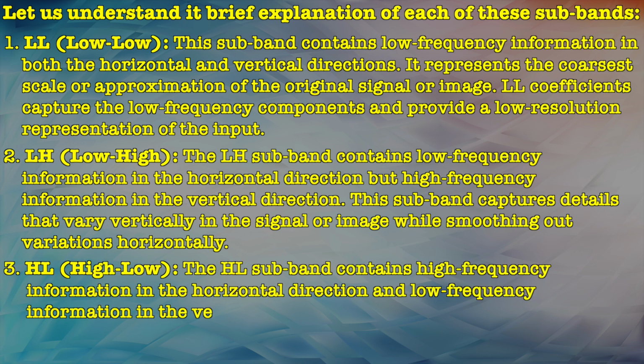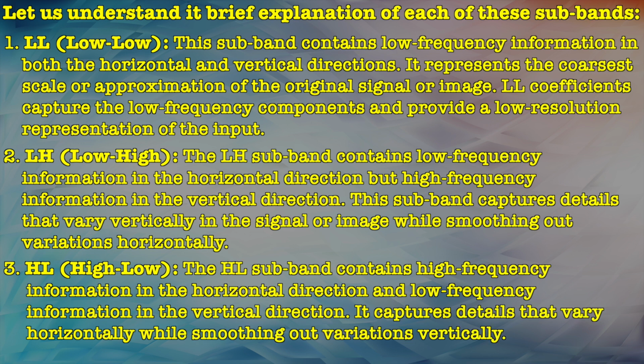The HL, high-low, subband contains high frequency information in the horizontal direction and low frequency information in the vertical direction. It captures the details that vary horizontally while smoothing out vertical variations.